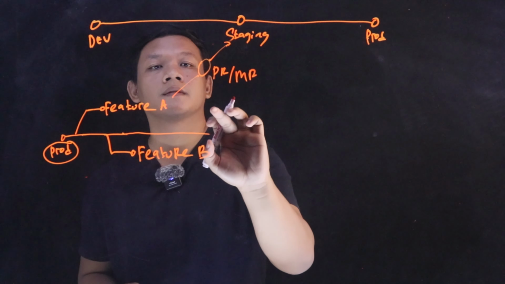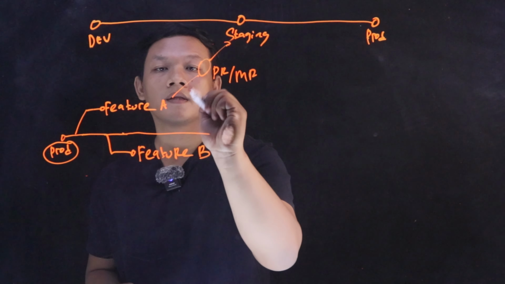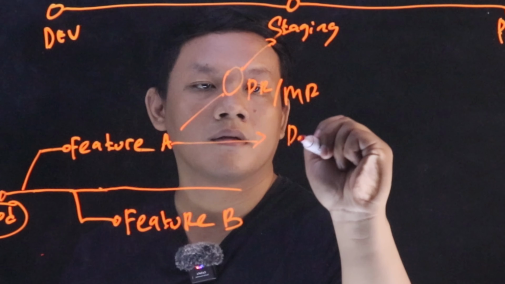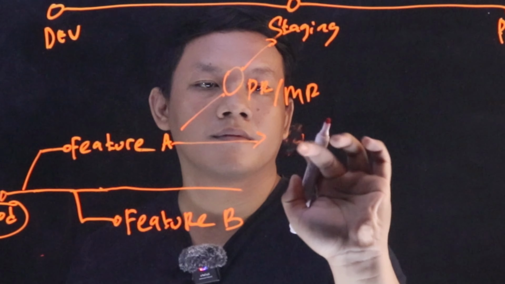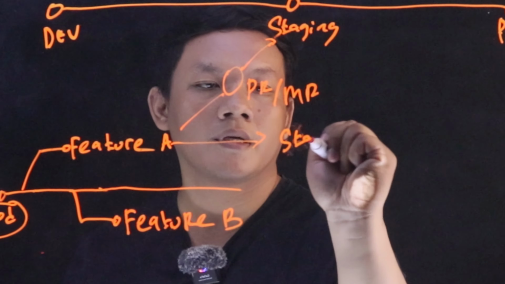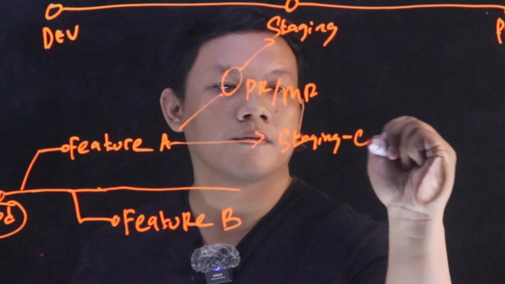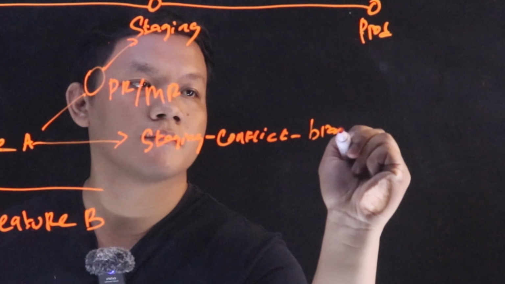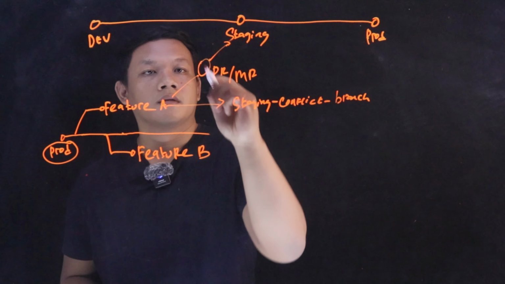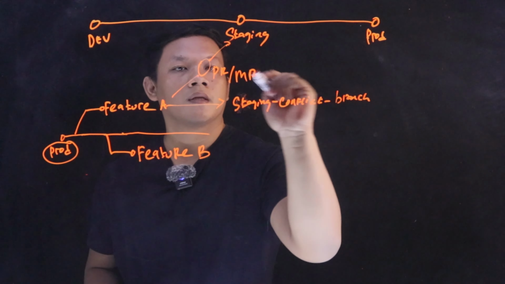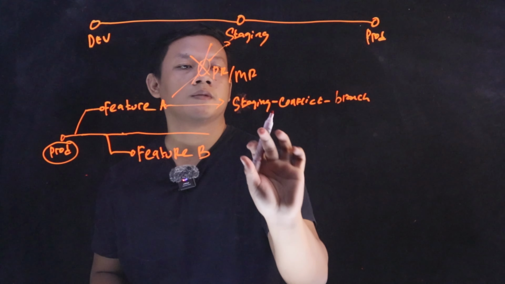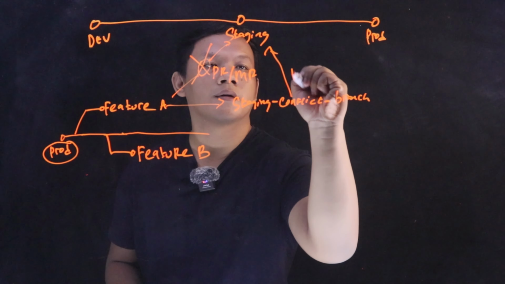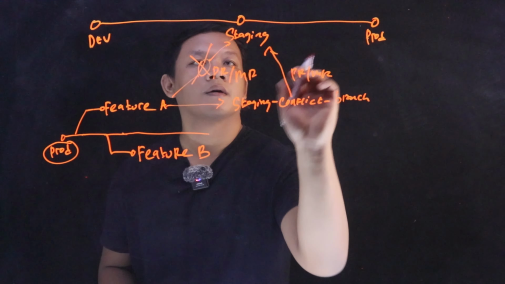The same thing if you get conflict: let's say you get conflict here, you have to create, oh sorry, not dev, should be staging conflict, and whatever the branch name is. So here we know that we need to destroy this PR because we have conflict. We need to create another PR or MR for staging.